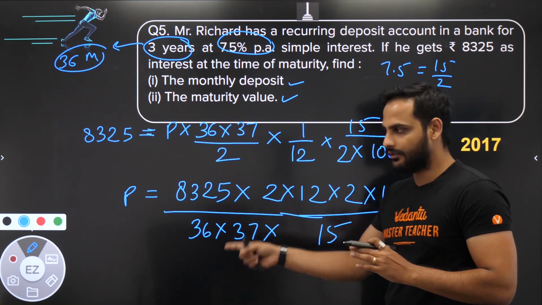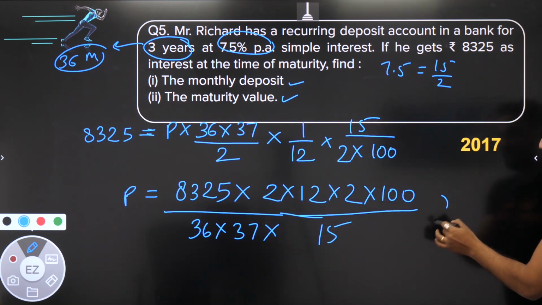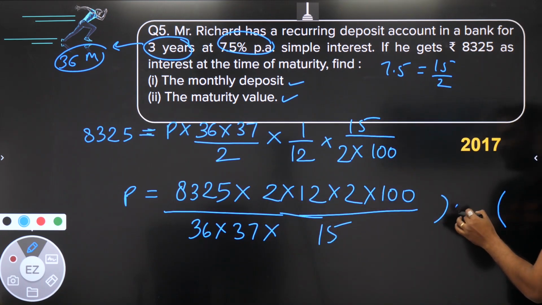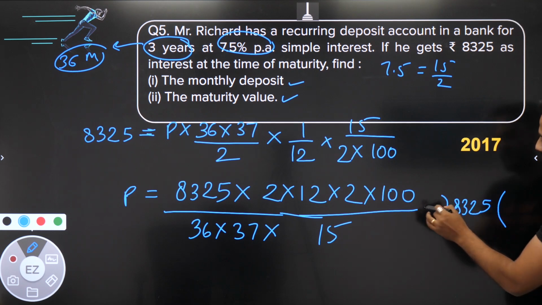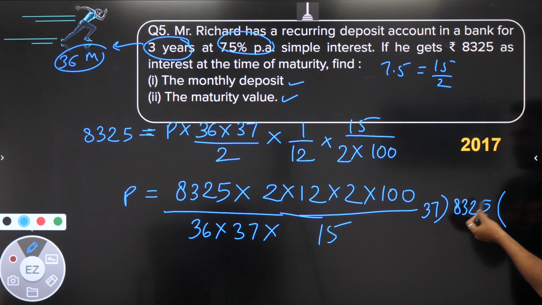So you can check also. 37, how many times will it cancel into 8325? So 37 ones are 37, 37 twos are 60 plus 14, which is 74.